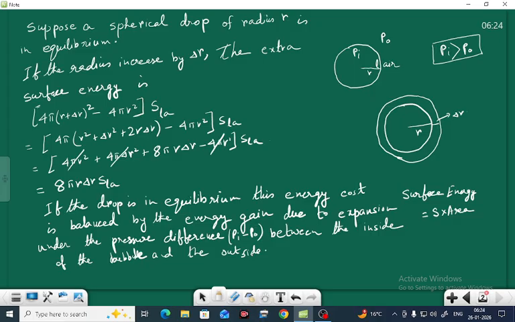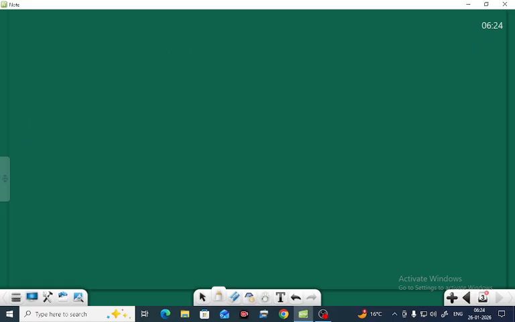So now we'll find the work done. This is equation 1. We'll find the total work done. So here the work done, W is equal to. Now what is the formula for work done?